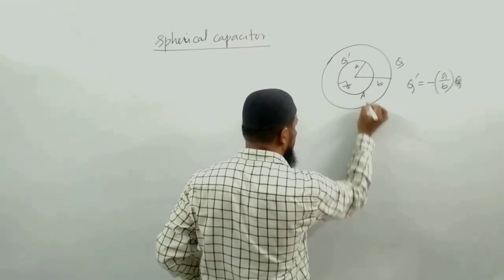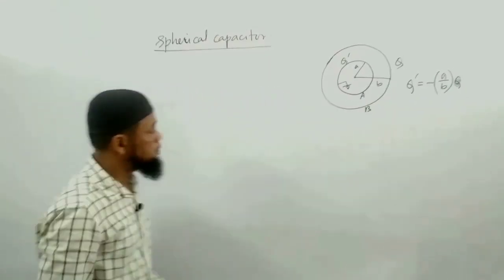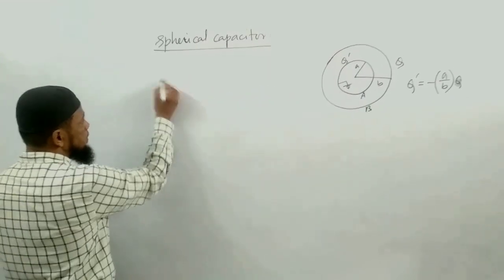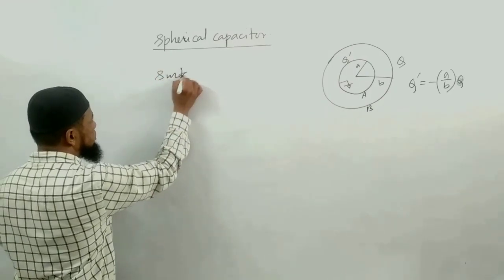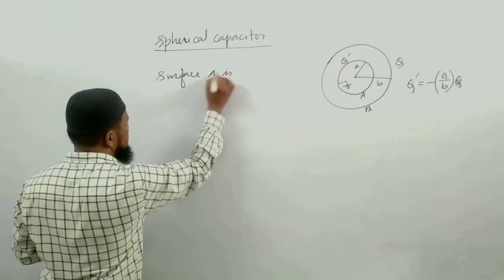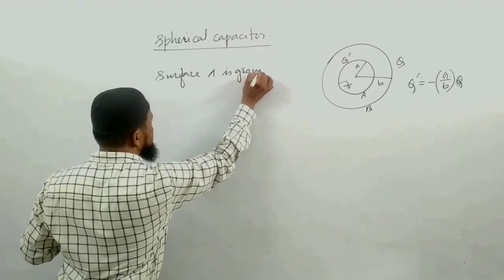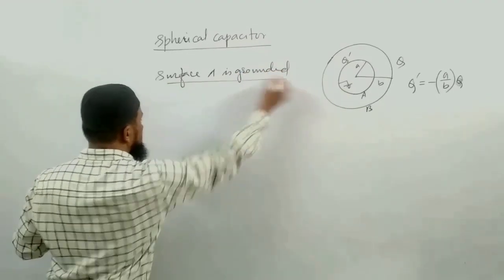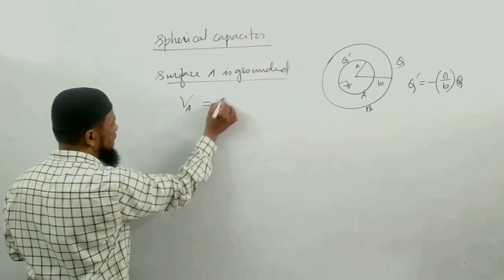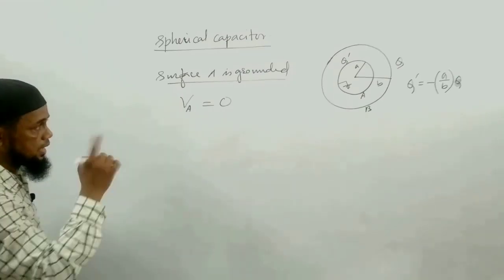How to show it? This is the surface A. This is the surface B. Surface A is grounded. So the net potential at A will have to be equal to 0.